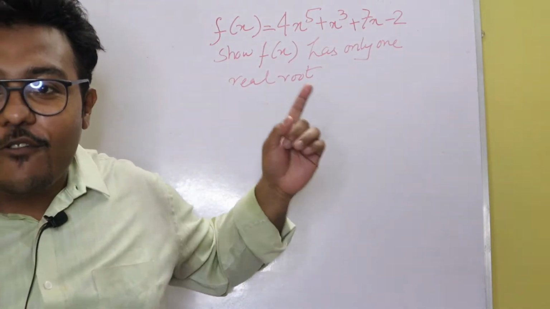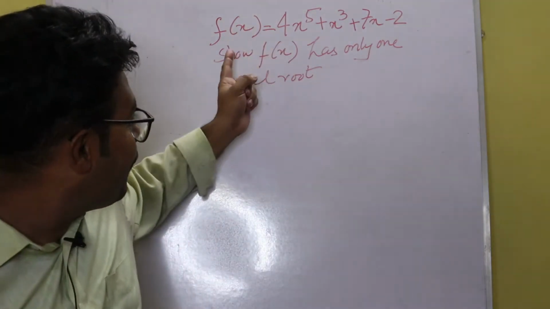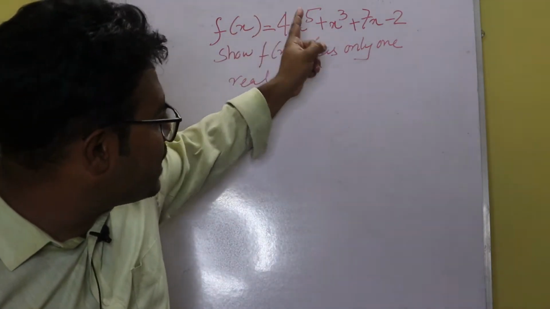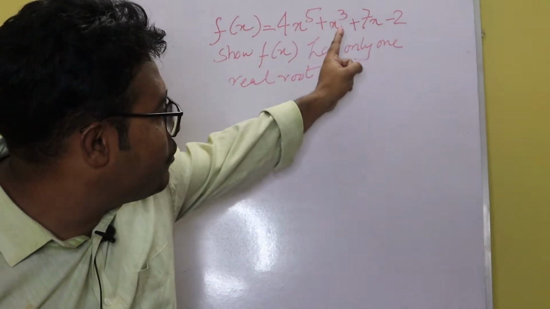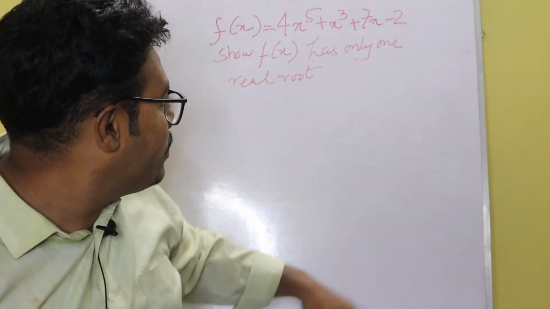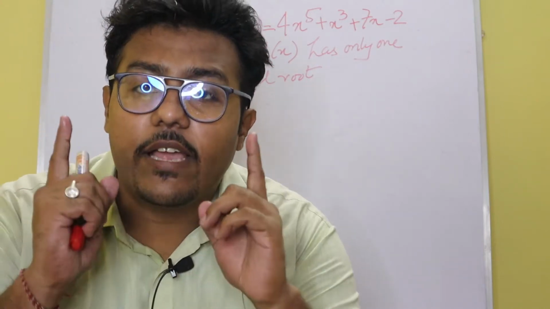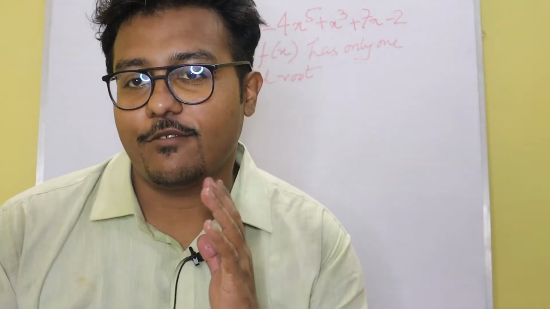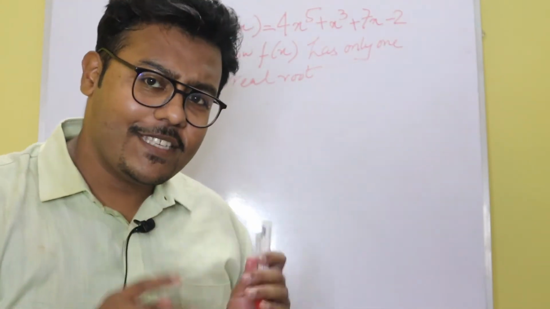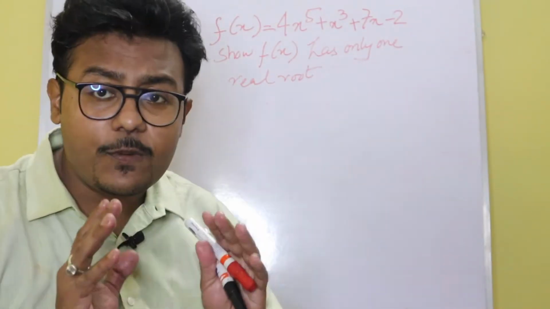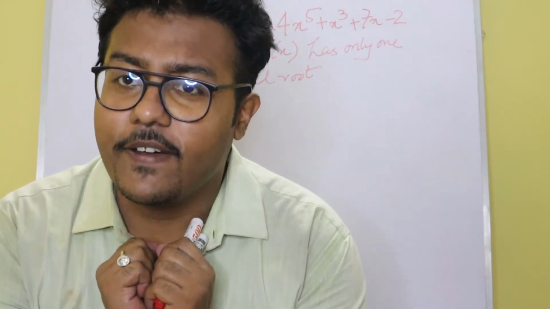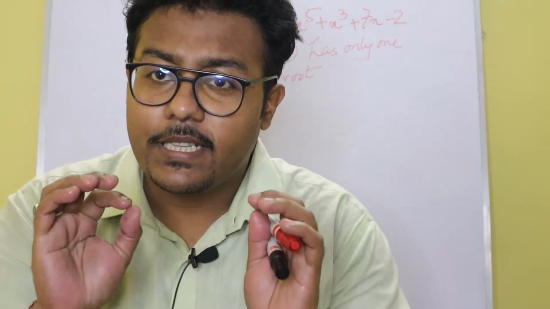See here friends, we are given this function f of x is equal to 4x to the power 5 plus x cube plus 7x minus 2, and we are asked to show that this function f(x) has exactly one real root. If you observe this function, it's a polynomial function and the highest power of x is 5.